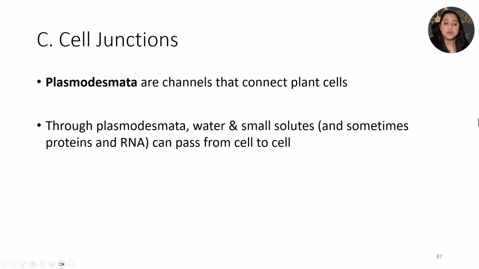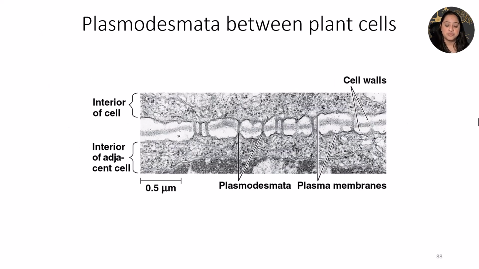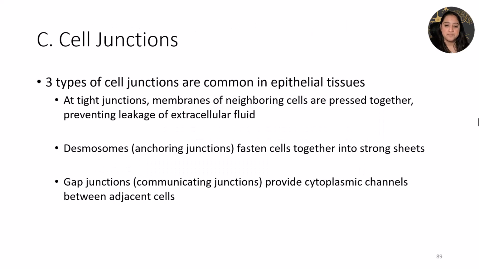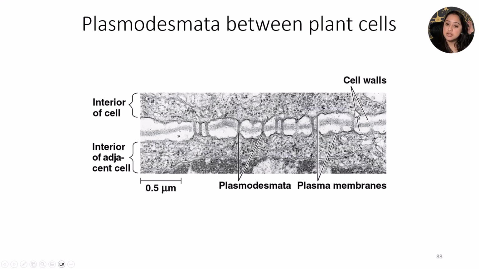So through those plasmodesmata, water and small solutes, and sometimes even proteins and RNA, can pass from cell to cell. And that's directly cell to cell. So this cell doesn't need to make a vesicle that has to spit something out, and then this one has to do endocytosis. This is like a direct channel between them. So they'll pass directly through the plasmodesmata.